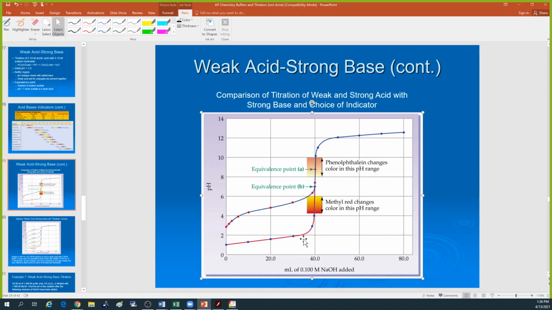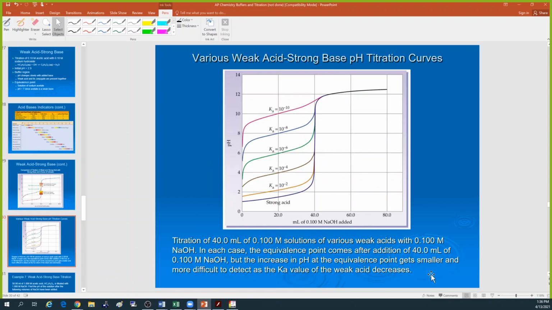To make this more emphasized, check this out. This shows a whole different series of acids being titrated with a strong base. Here's the strong acid, strong base. And what you see is the Kas are getting smaller. The reason I'm showing you this is to indicate that the weaker the acid we start with, the less clear the jump is, meaning the jump at the equivalence point is going to get narrower and narrower.